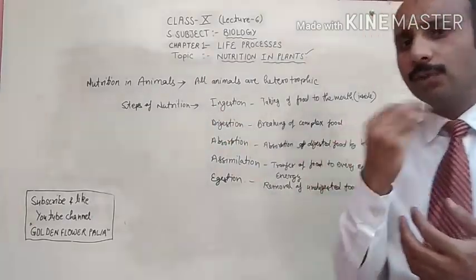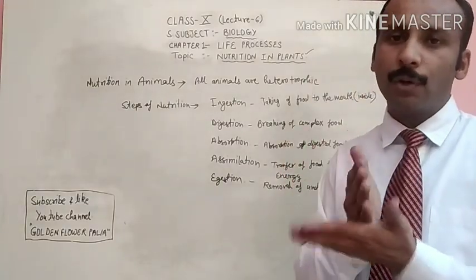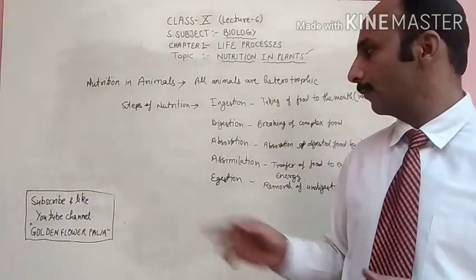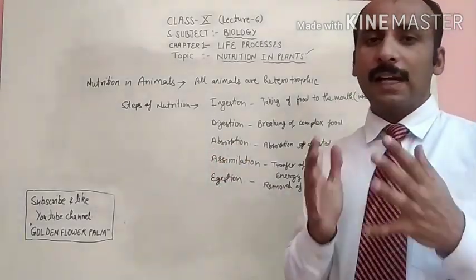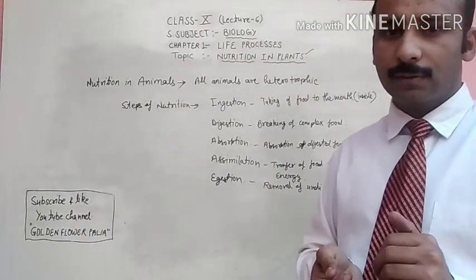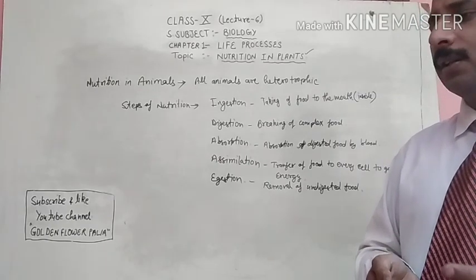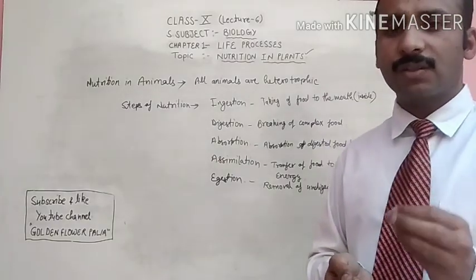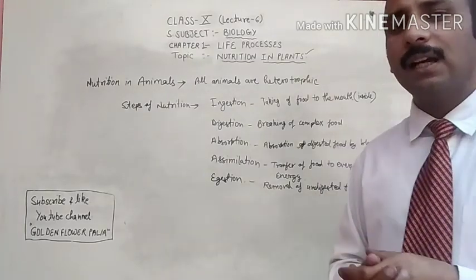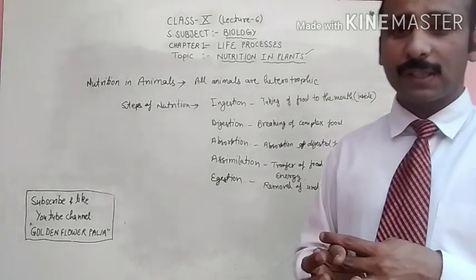Digestion means whatever food we have taken is in complex form, so breaking of complex food into small pieces is called digestion. Absorption: the digested food is taken up by the blood with the help of small structures called villi, and that is called the absorption process.